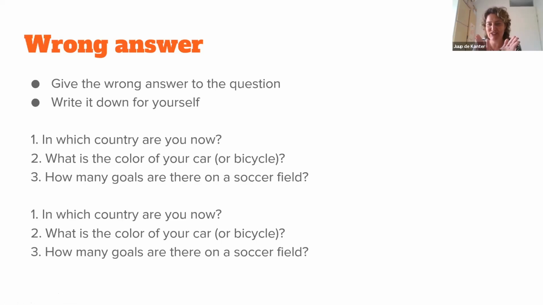And in this chat, you see that everybody gives a country, a color, and a number. So I ask you to give a wrong answer, but you're still stuck in the category. So I ask a country, and you come up with very strange countries, but it's still a country.